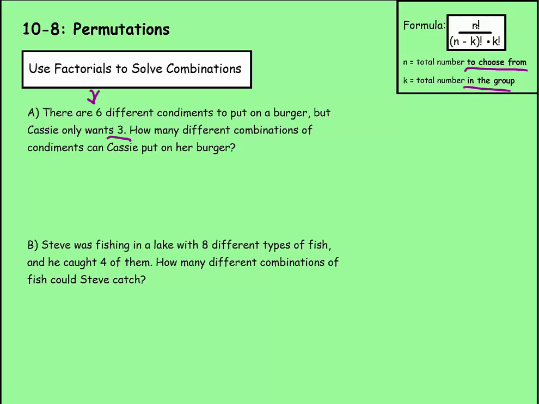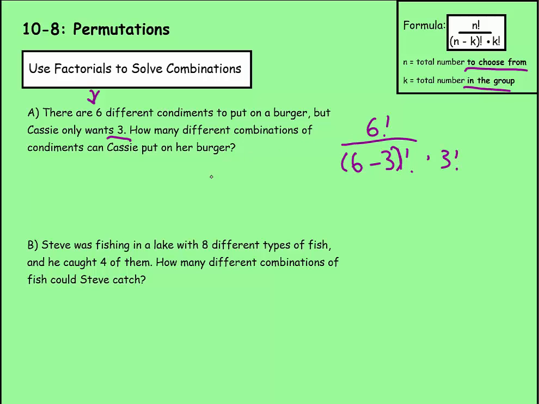So if we're using that formula, we have the factorial of n, which would be 6, so 6 factorial over n minus k, so n is 6, minus k is number in the group, so minus 3, the factorial of that, times the factorial of 3.